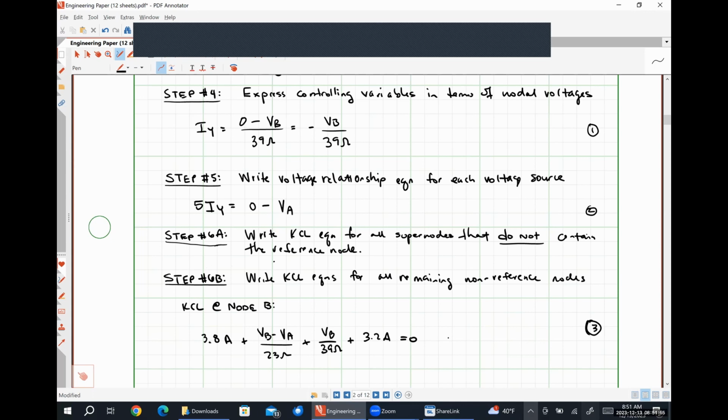My coefficient for VB is -1 over 39. My coefficient for IY is going to be -1. So I'm moving this IY over here on the same side as all of the other variables. So that's why the sign is changing there. So it's just -1. My constant term will be 0.